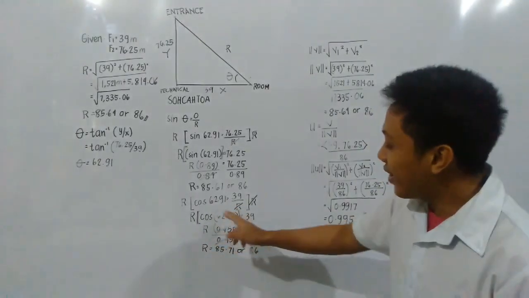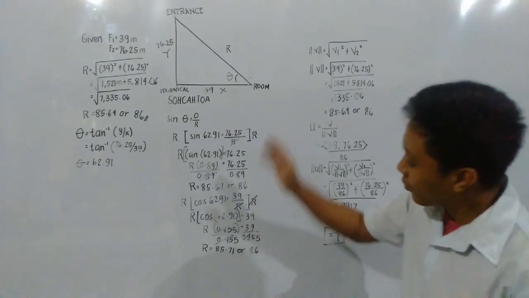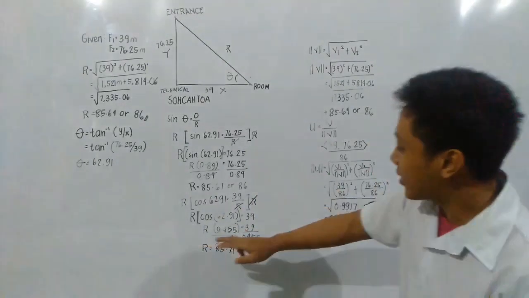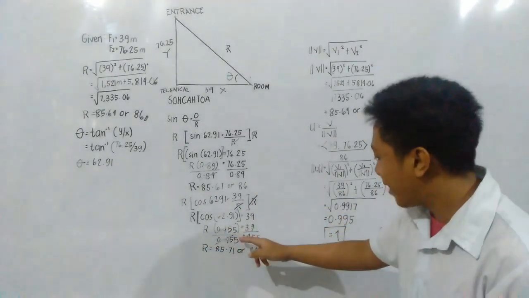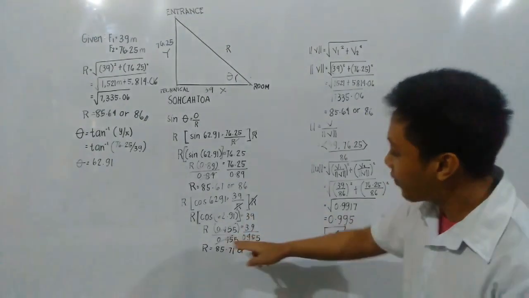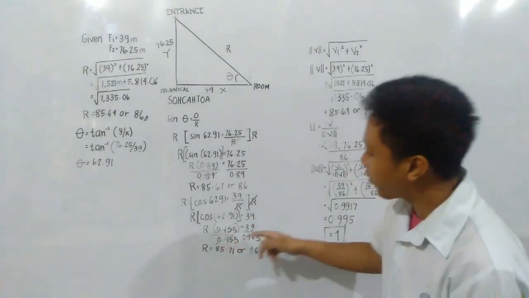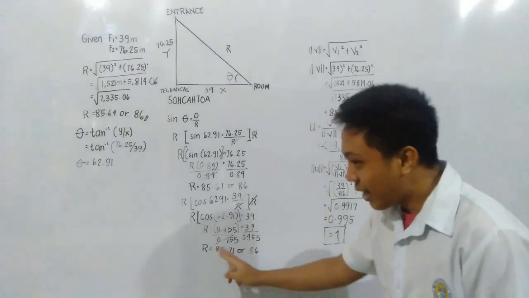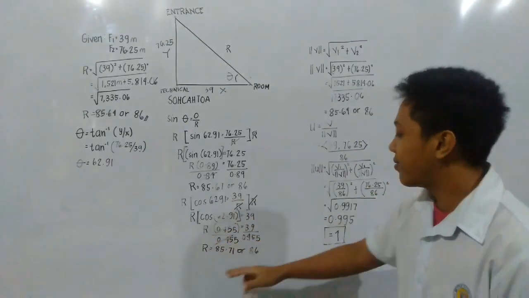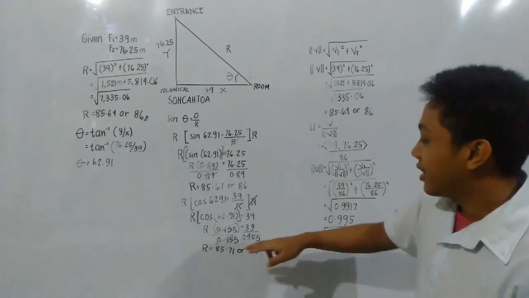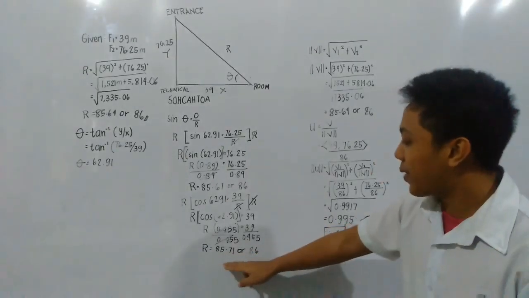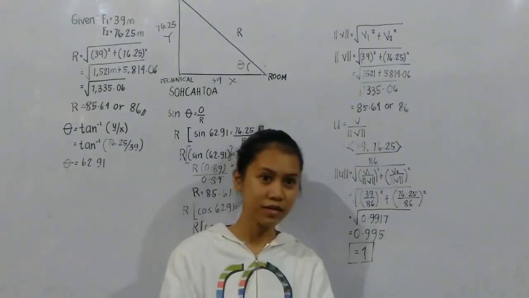So, we will get the cosine 62.91 first. So, r times 0.455 is equal to 39. And we will divide both sides by 0.455 to remove the number from the r. So, now we will get r is equal to 85.71 or 86.